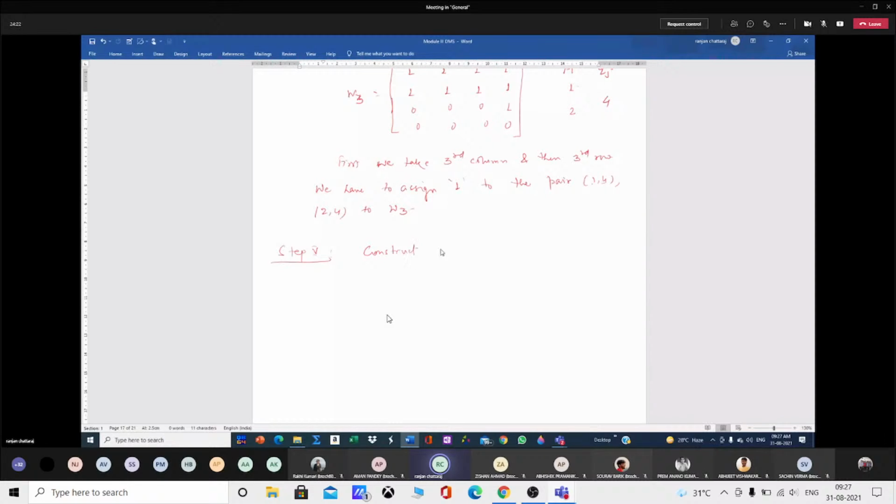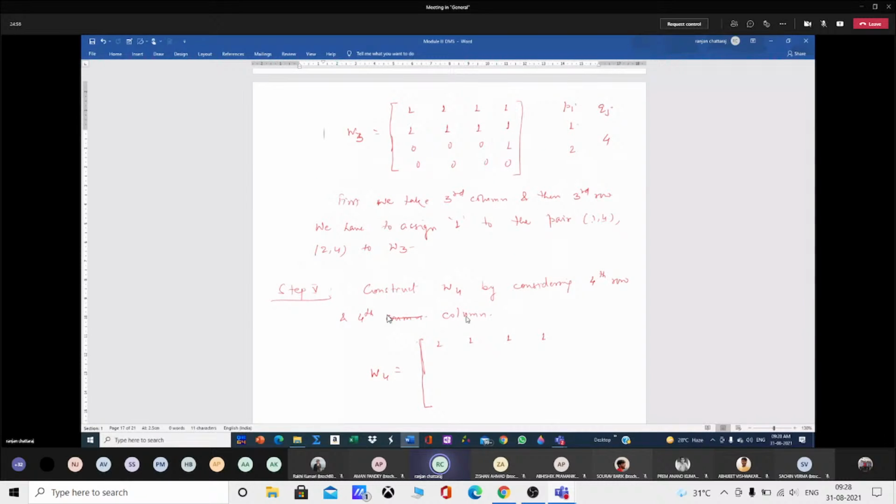Okay, step 5. Construct W4 by considering the fourth row and fourth column. So W4 is only the 0 0 1, then a blank matrix. So it is 1 1 1 1. Whatever we have in W3, you simply write it without writing the zeros over.